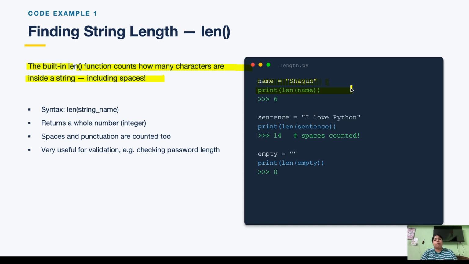So you get the length of the string. This is the way you find the length of the string. You always get a whole number, no decimal numbers in this, and spaces and punctuation marks are also counted. Very useful for validation. This is actually the real world use of it. It is majorly seen in password lengths, right?